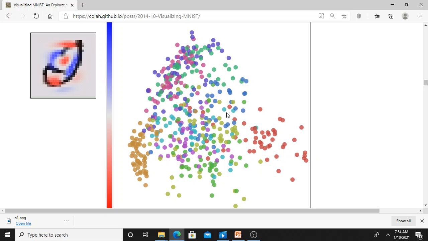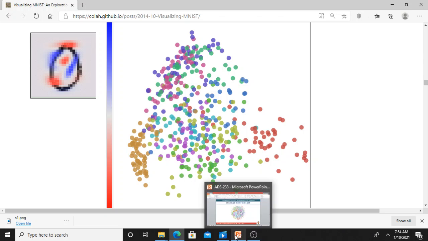Here what is our difficulty? The number 2 is spread all over this place, but the points are not well separated like zeros and ones. Zeros are well separated from ones, but the other numbers are not that well separated. That's the biggest difficulty with principal component analysis.